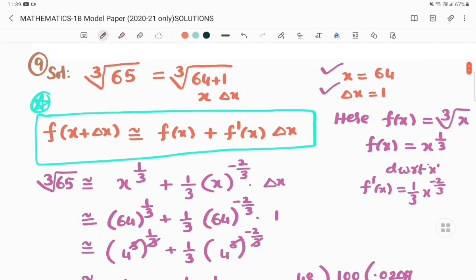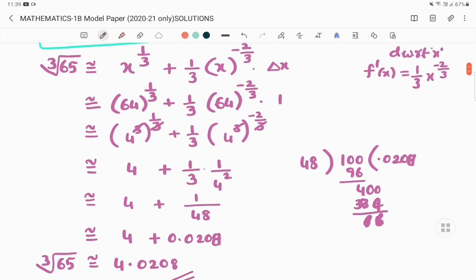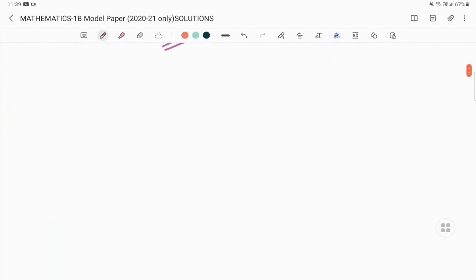The last question in the very short answer type questions in the model paper: find the slope of the tangent to the curve y is equal to 3x power 4 minus 4x at x is equal to 4. Now, the question I am writing in question number 10 solution.